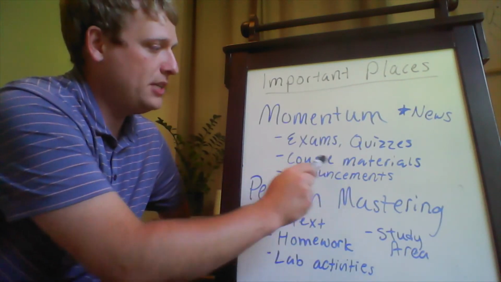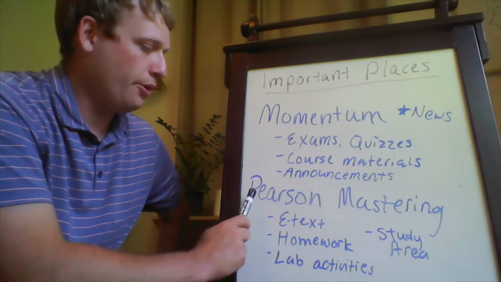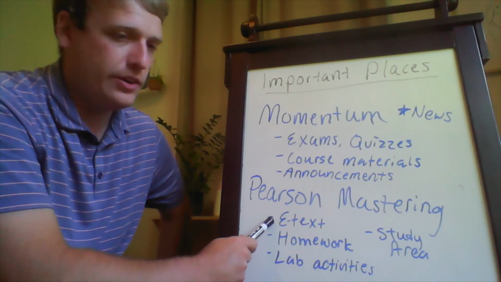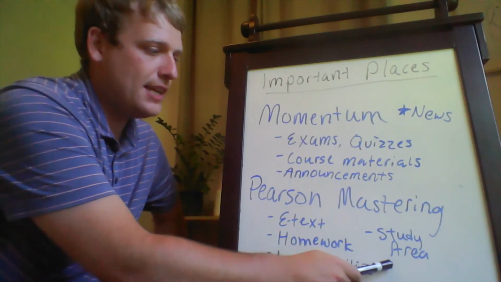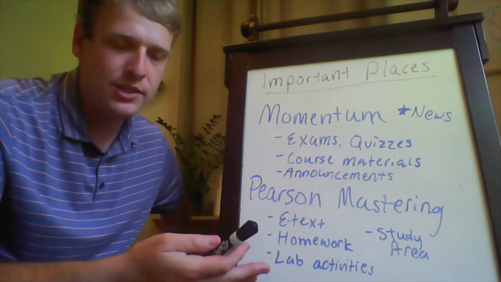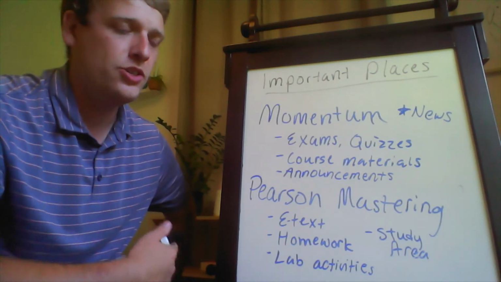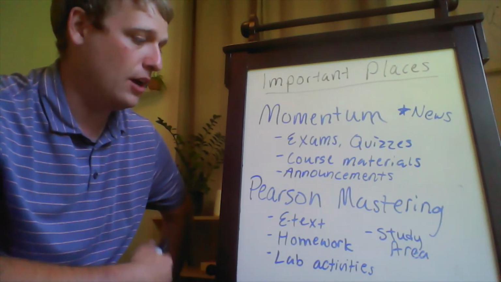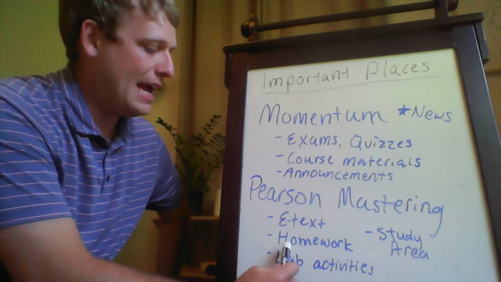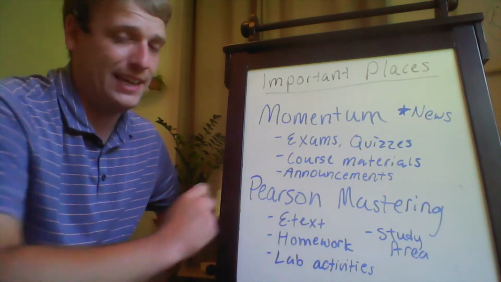So if you go to course materials and course content on Momentum, you'll see instructions for registering for Pearson Mastering. On here you'll have your e-text, and you have a study area where the publisher has lots of practice quizzes and animations that you can watch, and just different study materials that are going to help you with the material. Also, I have assigned homework, and I've also assigned readings.